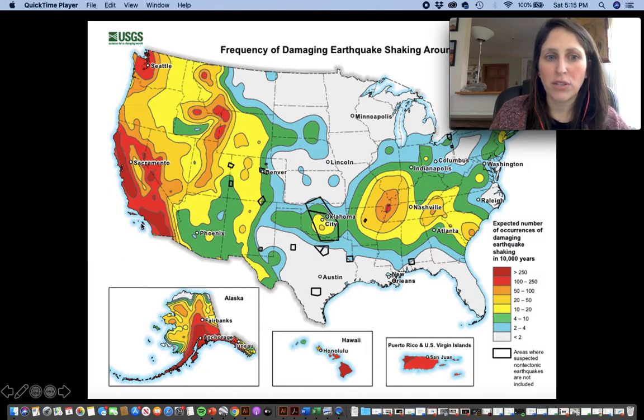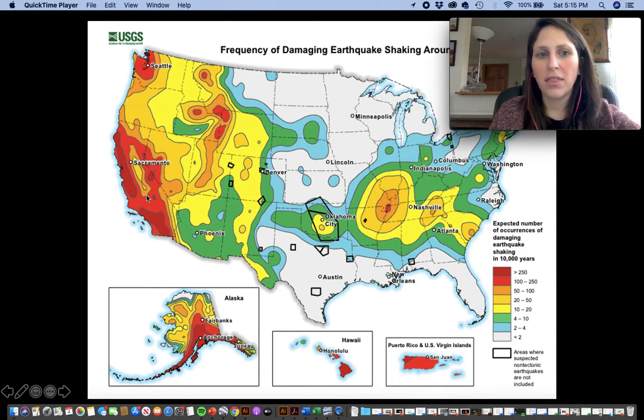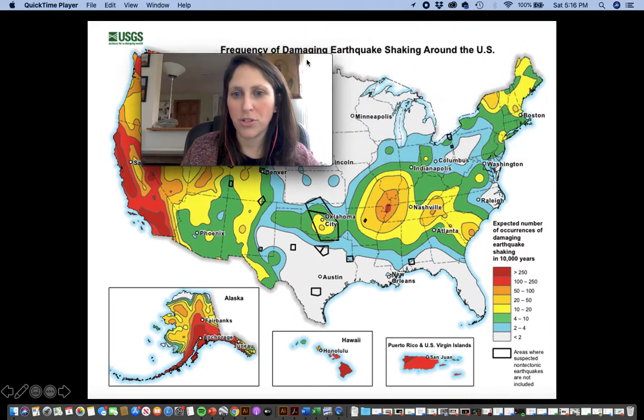We have a transform plate boundary in California. We also have a convergent boundary in our northwest corner, as well as in Alaska. So this region of the United States is experiencing some tectonic activity because it's a plate boundary, or two plate boundaries.